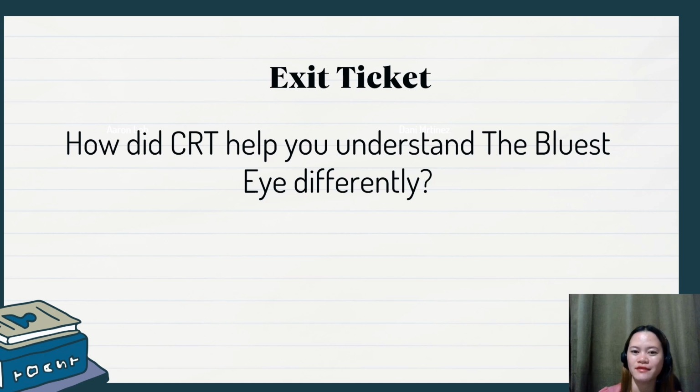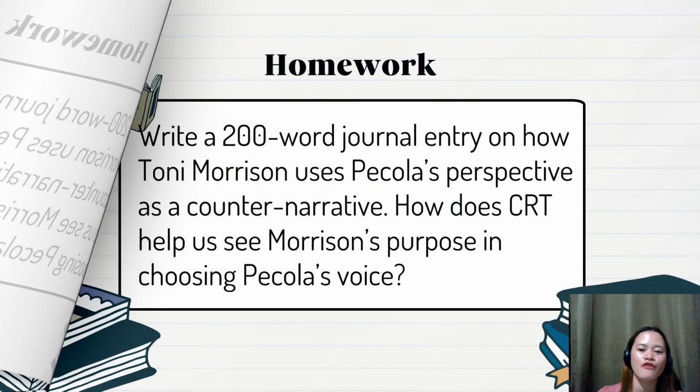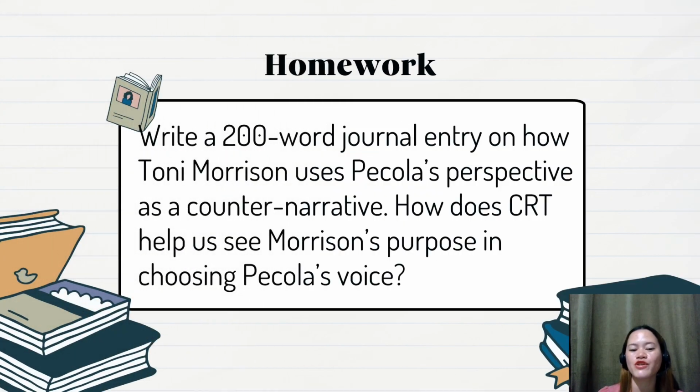How about Angel? Okay, very good. Thank you. And for your assignment, you're going to write a 200-word journal entry on how Toni Morrison uses Pecola's perspective as a counter narrative, and how CRT helps us see Morrison's purpose in choosing Pecola's voice.